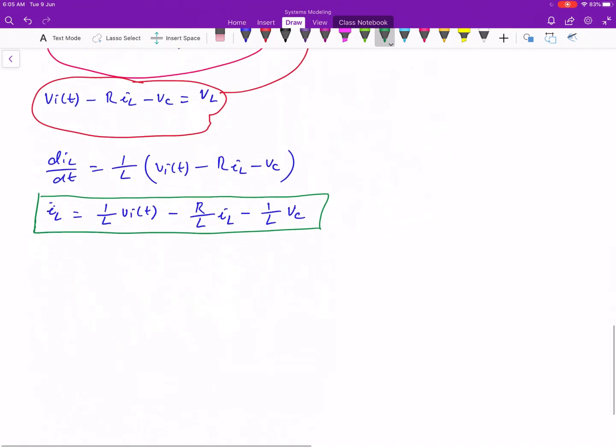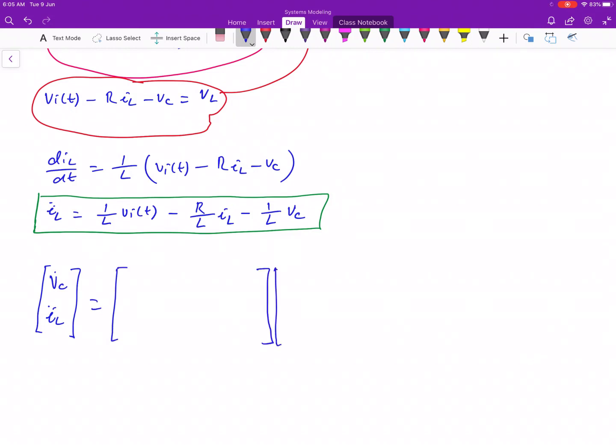So we are going to rewrite this: Vc dot and IL dot is equal to, our state variables will be Vc and IL, plus something times our input voltage, V in of t.